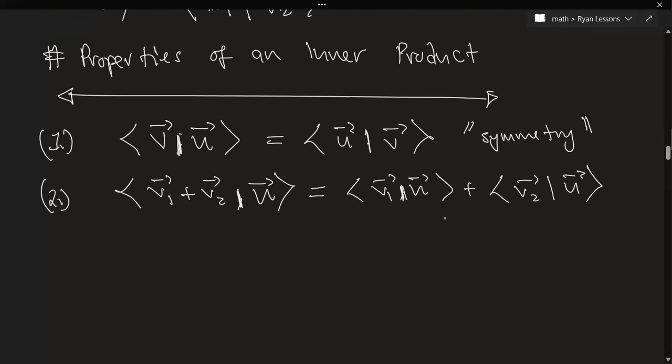This is what we call the linear property, but actually it is bilinear.